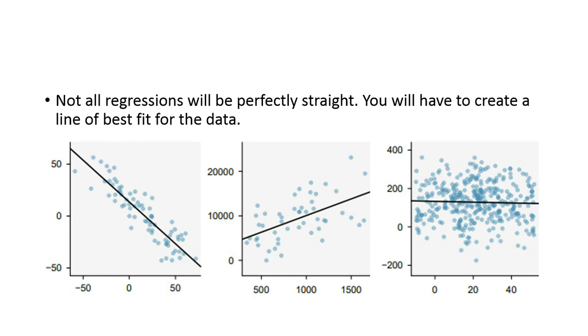And then the last one, you see there's a whole bunch of points, but it just kind of looks like a cloud. And so that would be the weakest out of these, because you can't really see a pattern just by looking at that cloud of points. Okay. And you see it kind of is decreasing a little bit. Maybe it's perfectly horizontal, but it's still very difficult to see.